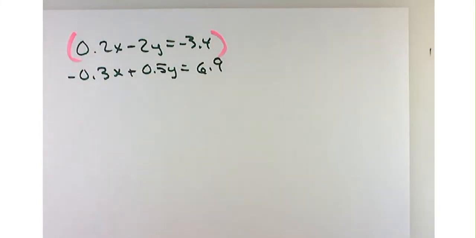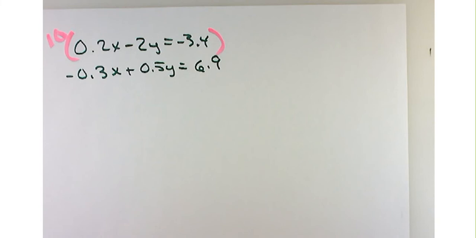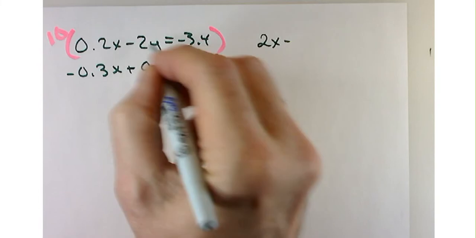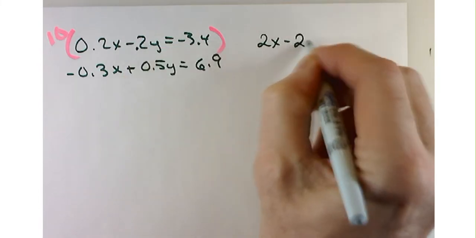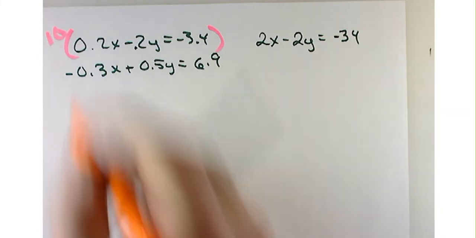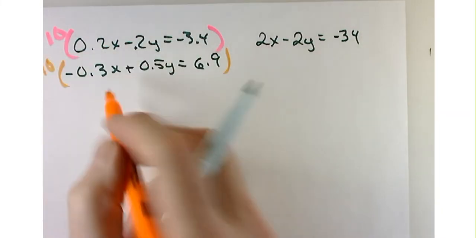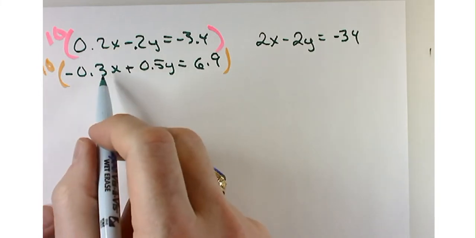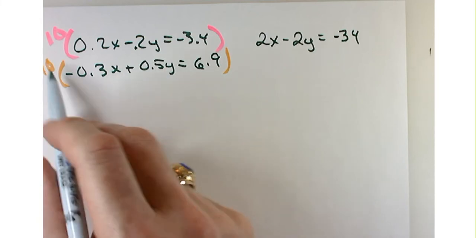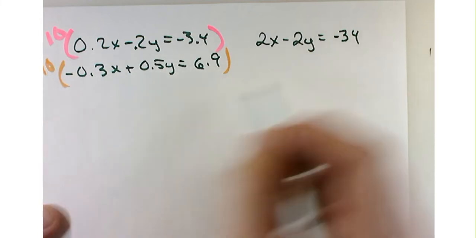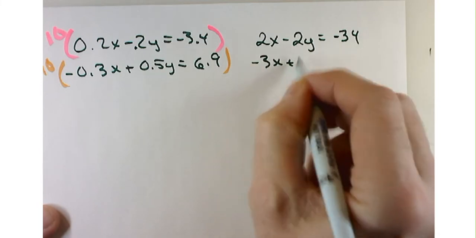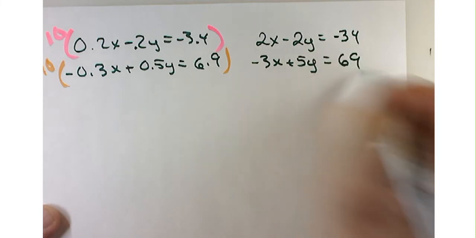So I can multiply the top equation by 10, and that gives me 2x minus 2y equals negative 34. Then I can multiply the bottom equation also by 10. If you had two decimal places, like 0.32 or 0.51, I'd multiply by 100, which moves the decimal 2 places to the right. Negative 3x plus 5y equals 69.